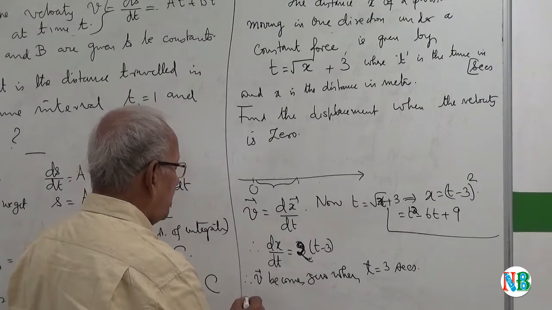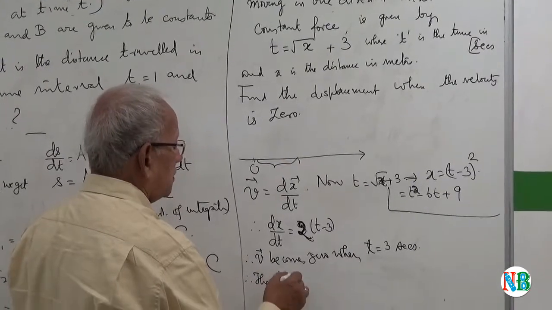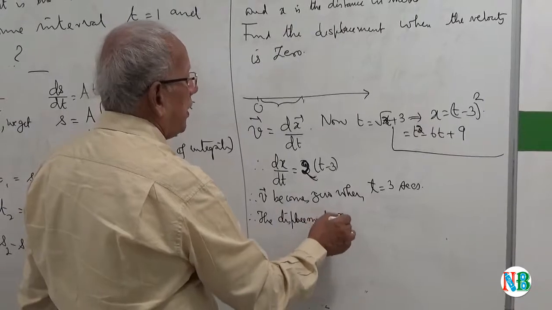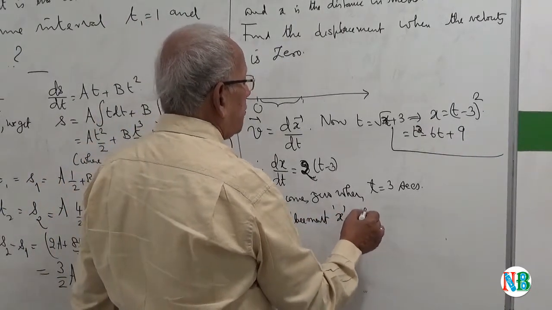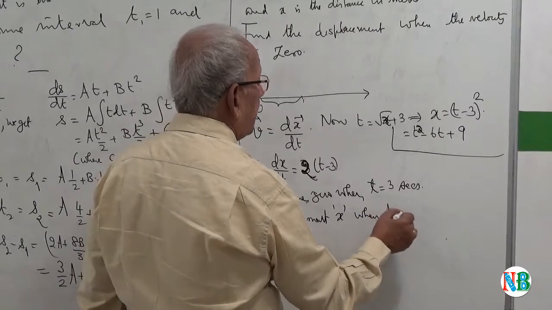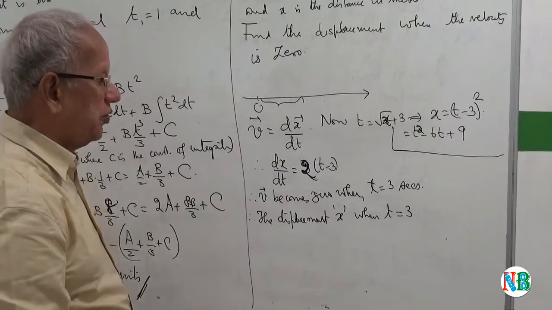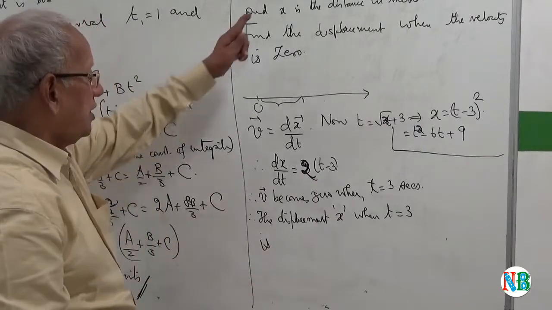So the displacement x when t equal to 3, that's the instant where the velocity becomes 0, is, what is the relation between x and t?